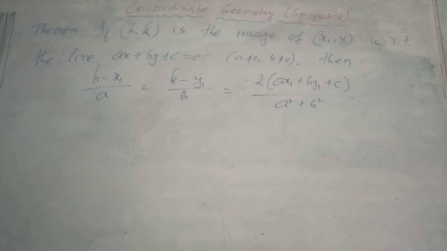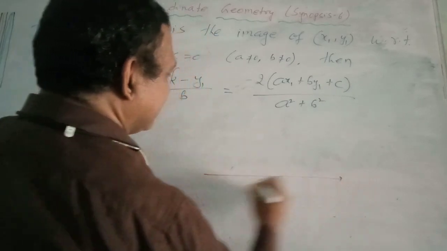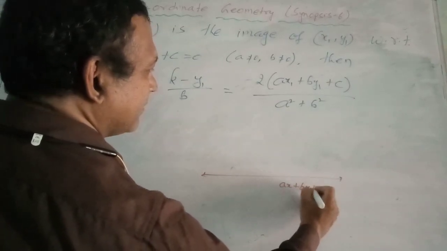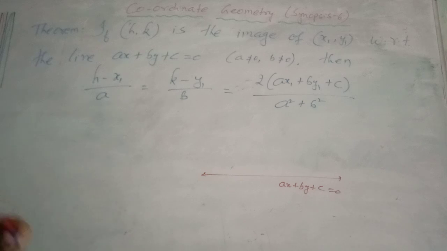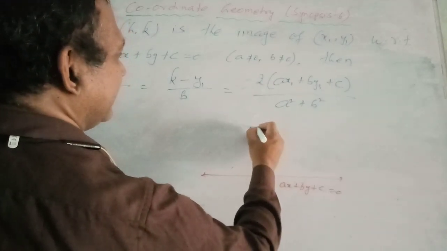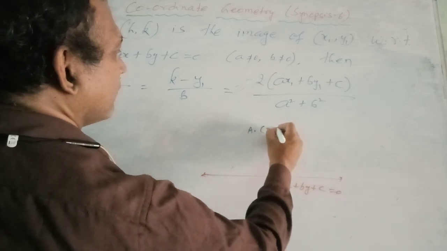Let's see this line first, what was given. Actually, a straight line is given. The equation of the straight line is ax plus by plus c is equal to 0. Here we will take a point A, which is (x1, y1).